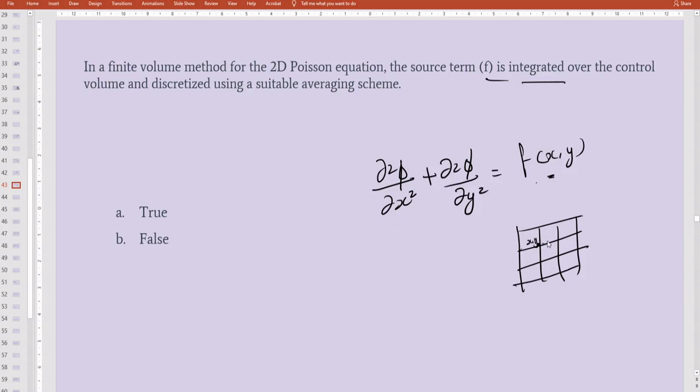We don't know where the source is high or low, whether it is heat production or that particular production. It can create sources and sinks, so we don't know where the concentration is high or low. So it should be integrated over the control volume and discretized using a suitable averaging scheme. So the statement is true.